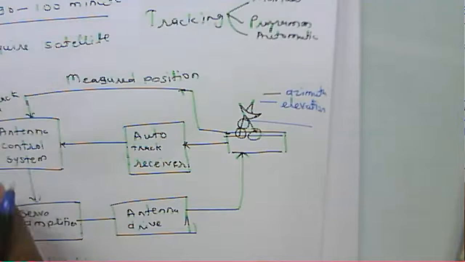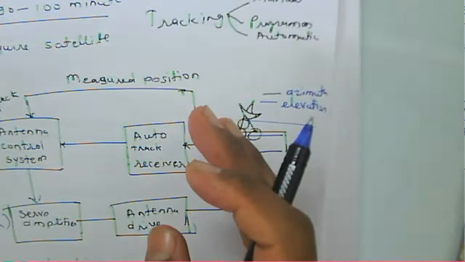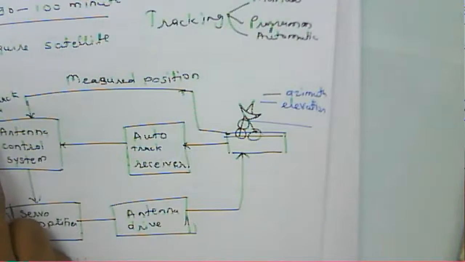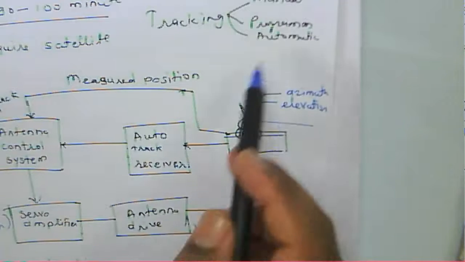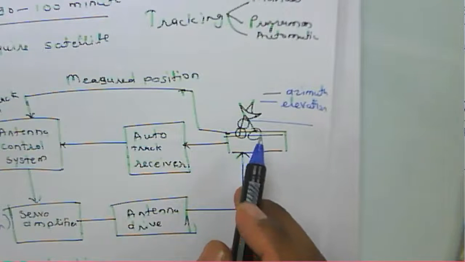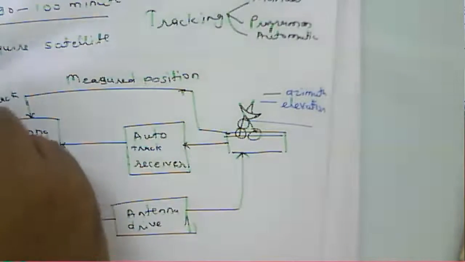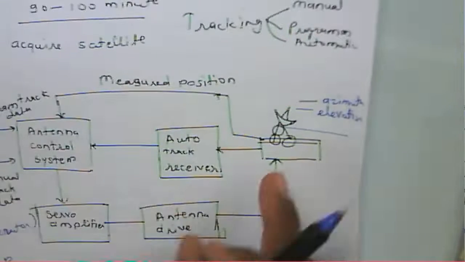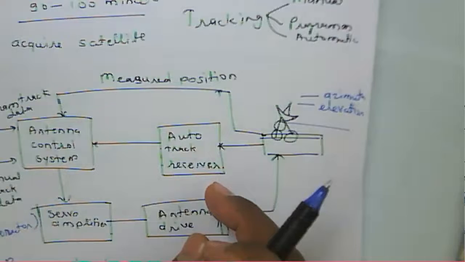So in this case, what happens? We need to program the data, and in that data we need to provide the position of the satellite. Once the data is programmed, the antenna is directed towards the particular satellite direction.